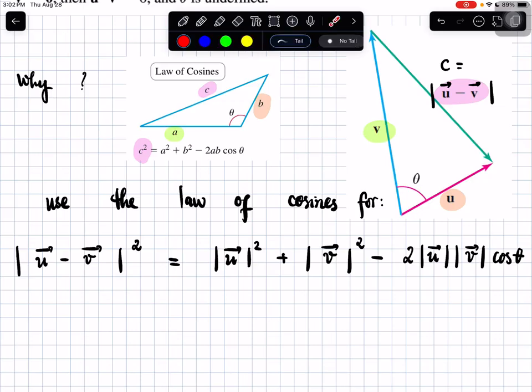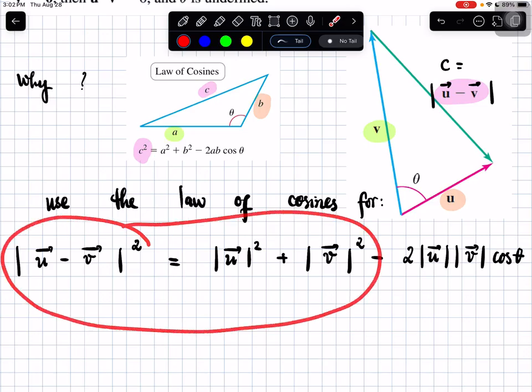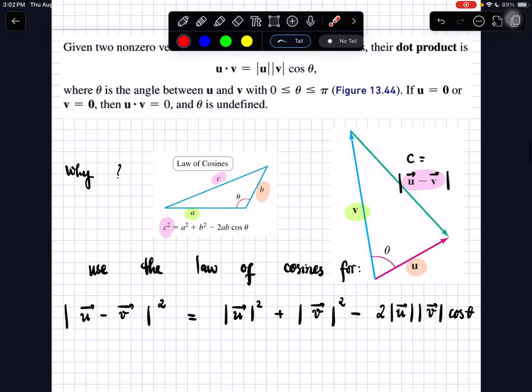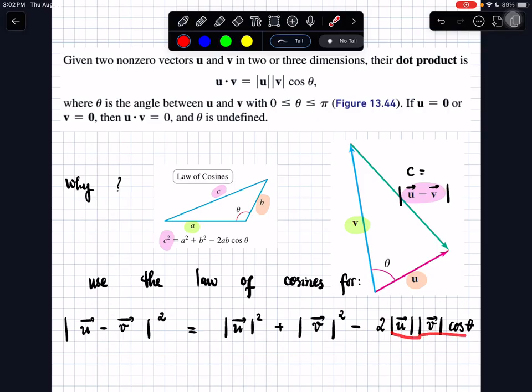We will compute the right hand side of this equation, which is the equation we want to prove.